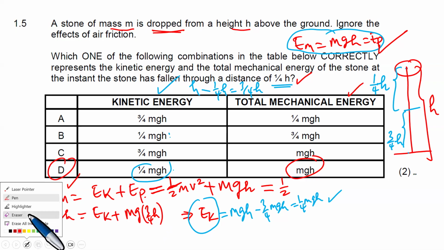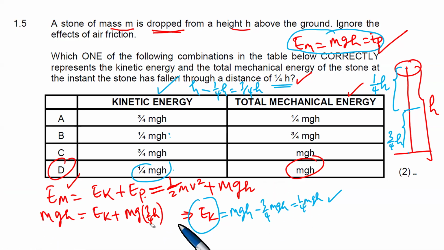Always. The mechanical energy is the total energy at the highest point before the energy conversions took place, so it is going to be mgh.